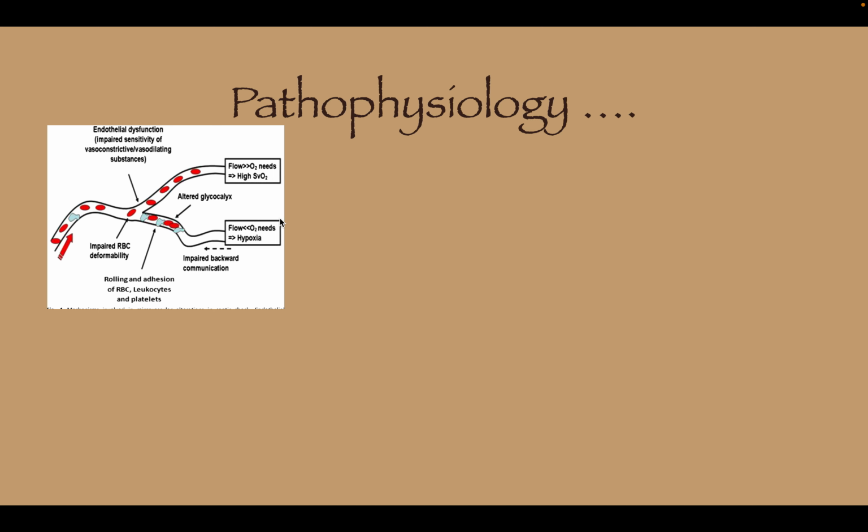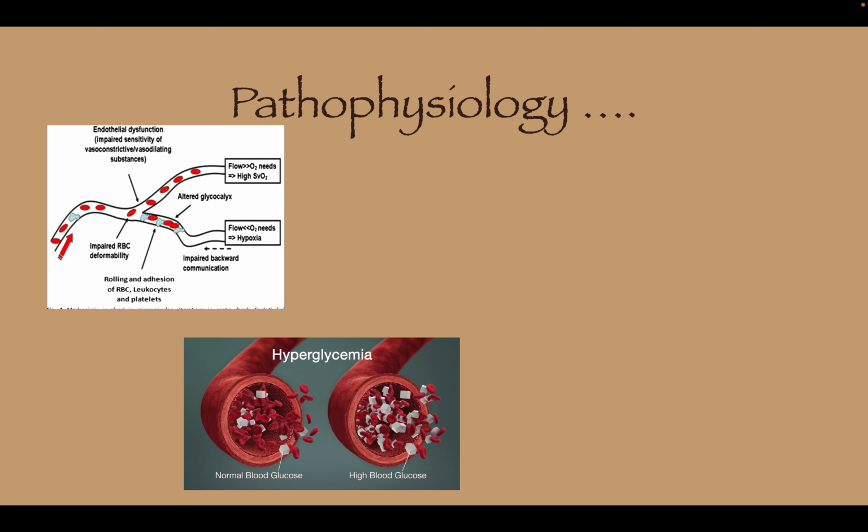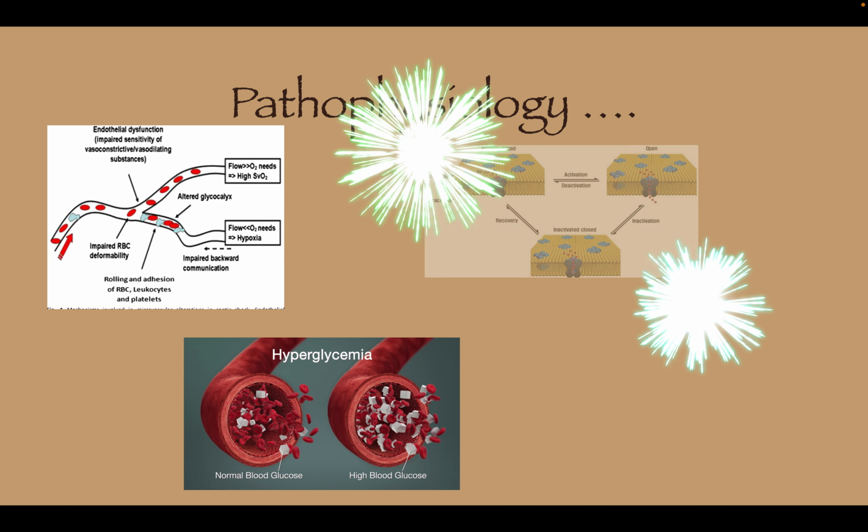So the flow of oxygen is altered. There is impaired backward communication, and it will lead to tissue hypoxia as well. Hyperglycemia is by itself an isolated risk factor for the same.